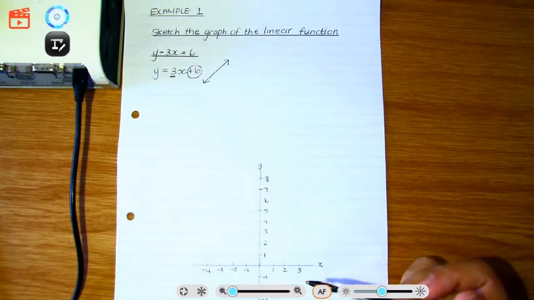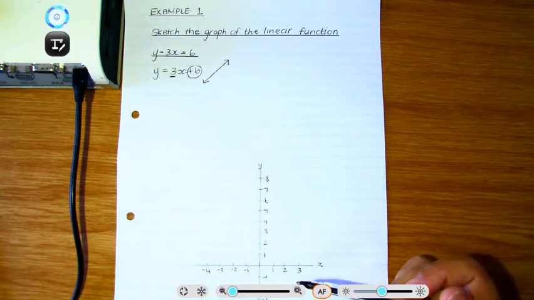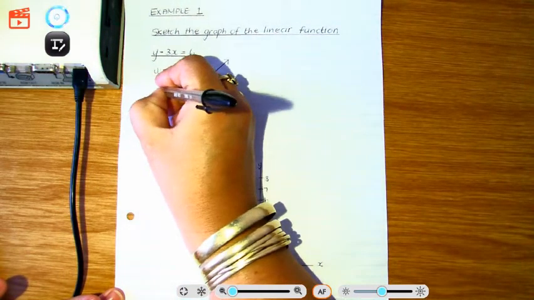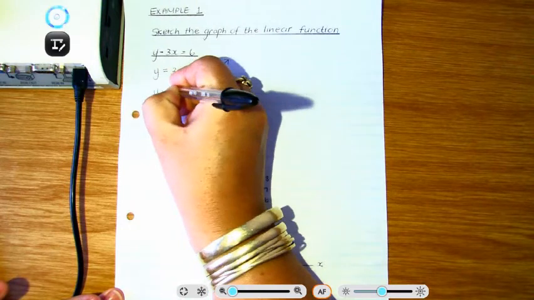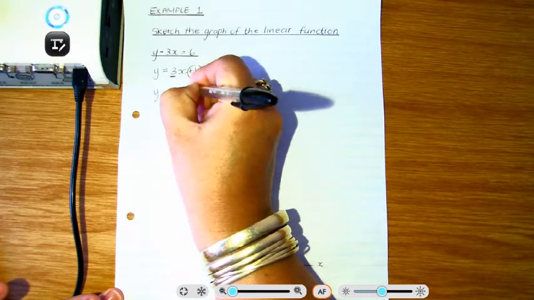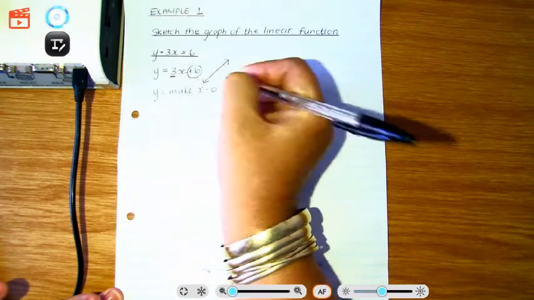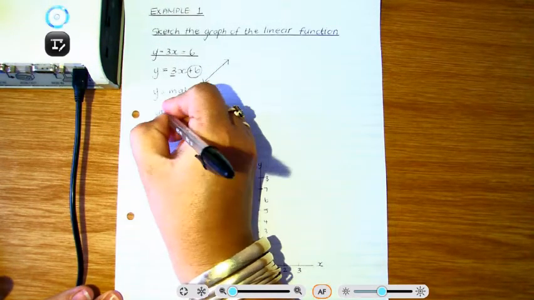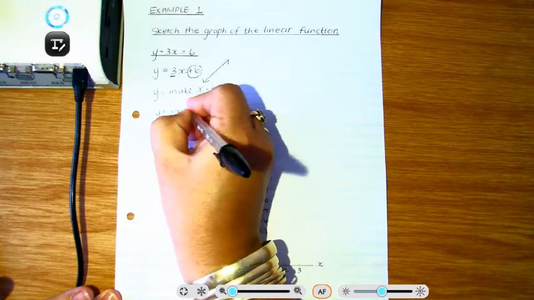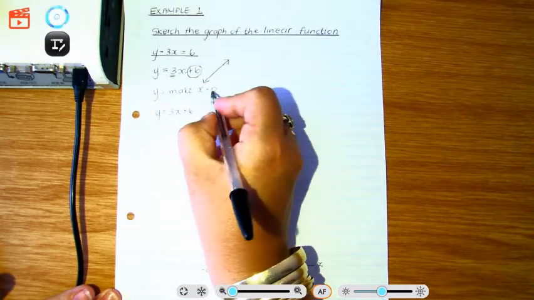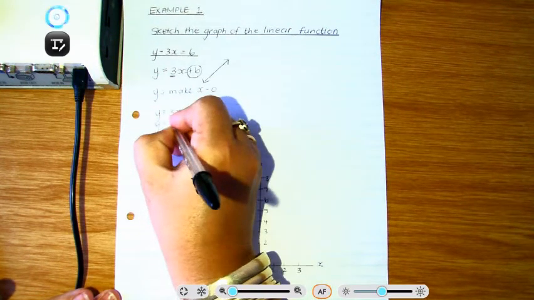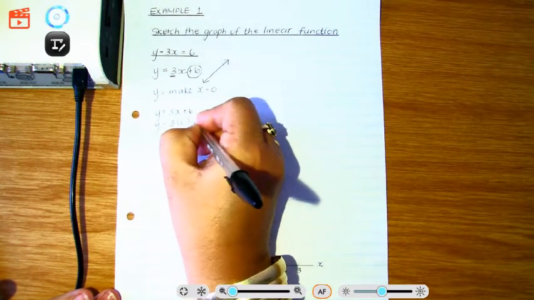And remember, this is what you guys learned last year called the dual intercept method. So I'm going to start off to find y. I'm going to make x equal to 0. So in this equation, I'm going to substitute y is equal to 3x plus 6. Instead of x, I'm going to substitute with a 0. So I'm going to say y is equal to 3 times 0 plus 6.